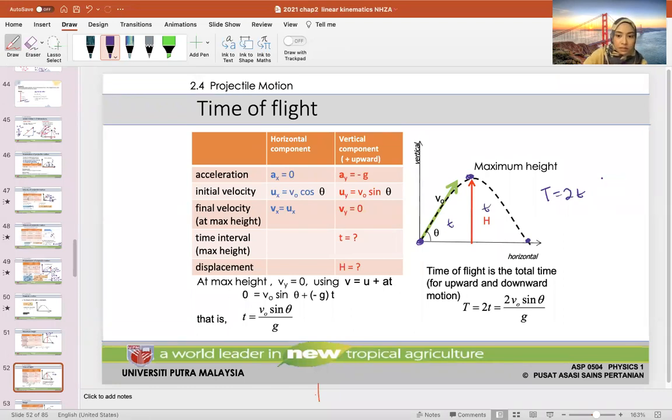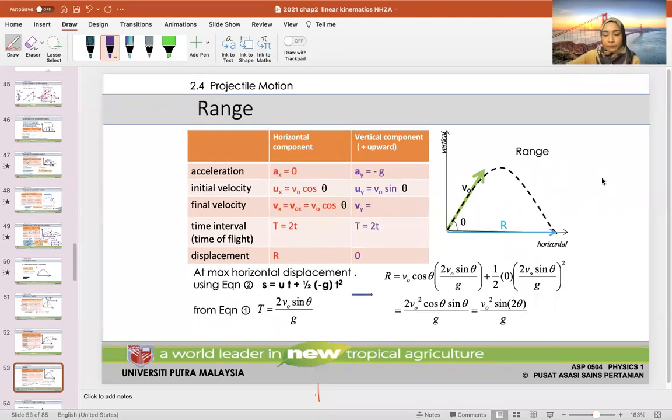Okay, kita dah cakap pasal maximum height. You know that you have to divide it into sections. And then we have range. Range is actually the maximum x displacement. Tadi maximum height. And ni maximum x displacement or range. It is denoted as capital R. Okay, this is the capital R here.